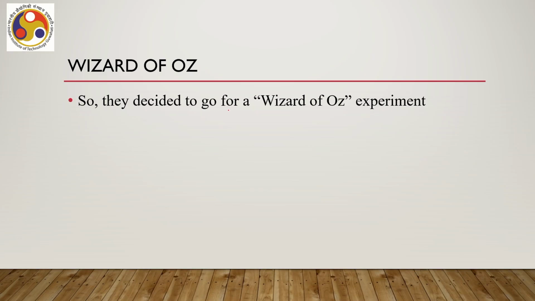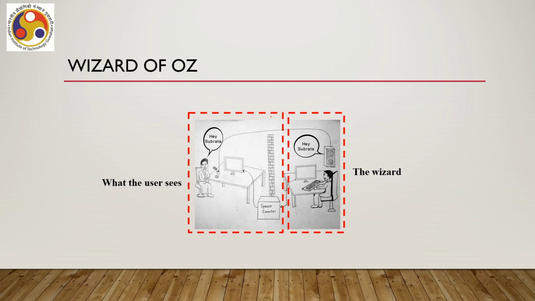So, how to do that? They decided to go for a Wizard of Oz experiment, and this is the experimental setup. There is this human user in front of a microphone. He talks about something, there is a computer, and the subject thinks that this is a real computer.